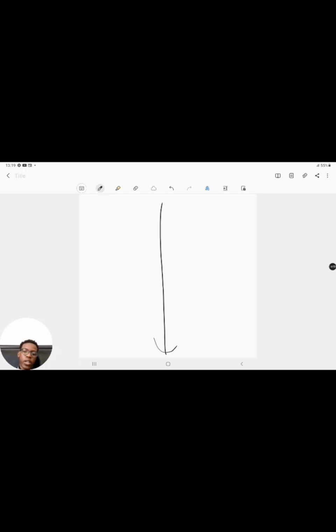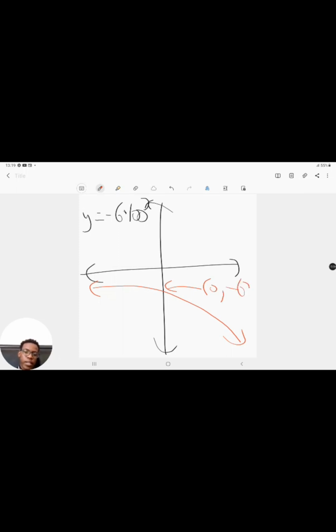If you've got that there, and then I've got y is equal to minus 6 times 100 to the power of x, then my graph would look like this, where your y-intercept is at minus 6.